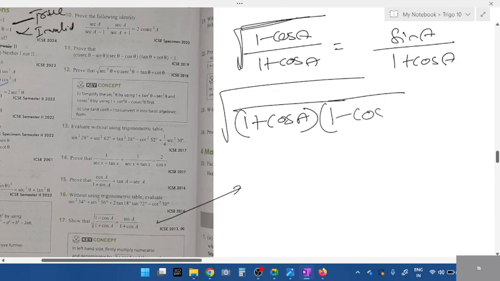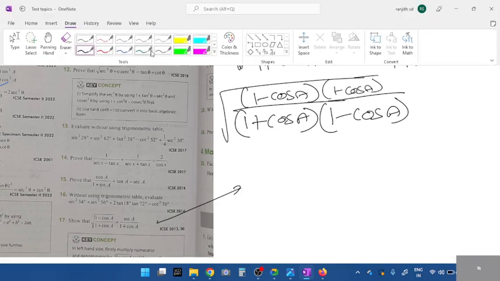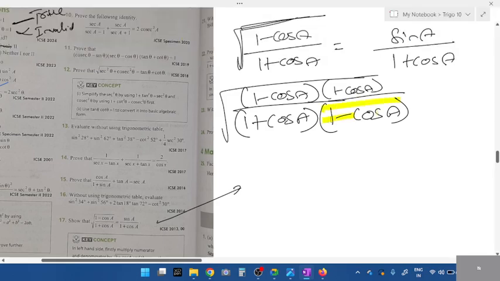1 plus cos A becomes 1 minus cos A. Those who don't know, concentrate here. Look here. I multiplied with the opposite sign, students, both numerator and denominator. The reason we multiply with the opposite sign is, how does the numerator look? How many minus signs are there? 2 minus signs, right?